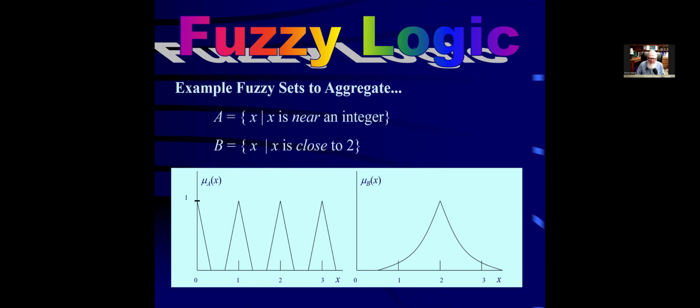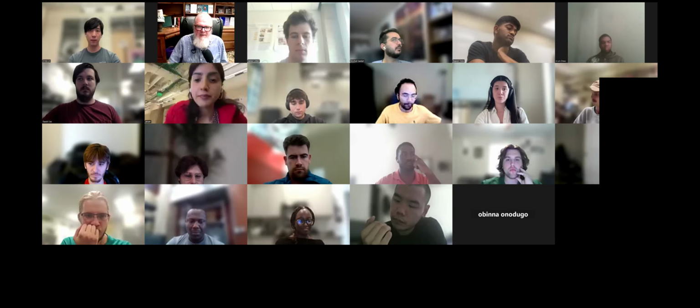There's a number of different membership functions we could assign to the fuzzy sets A and B. Notice in both cases there is a fuzzy linguistic variable. The first one is x is near. Near is a fuzzy linguistic variable. And it's something that we can measure. It's ordinal, but we can measure it. But we also, in human conversation, talk about things which are near to one another.